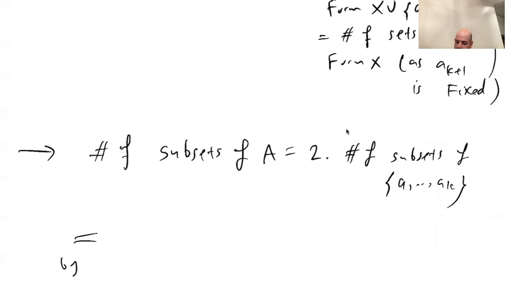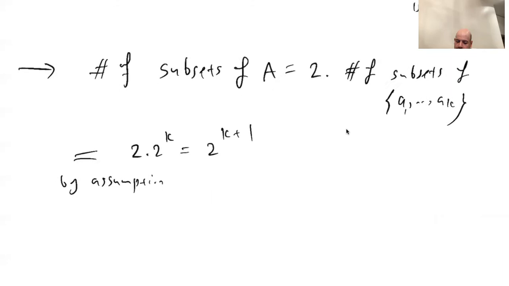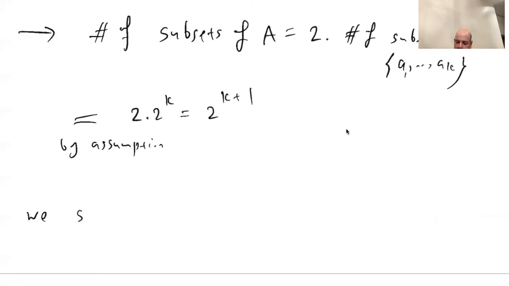And by assumption, this is 2 times 2 to the power k, and that's 2 to the power k plus 1. So that's it.